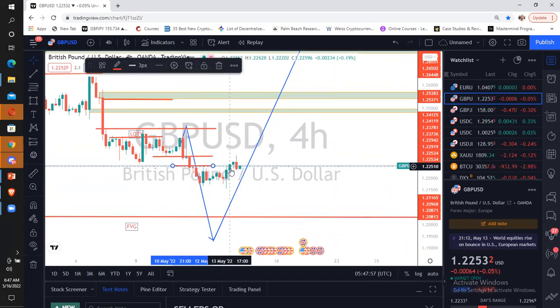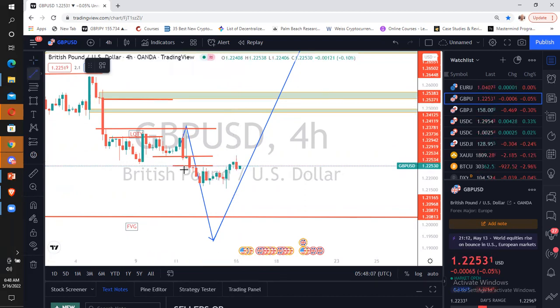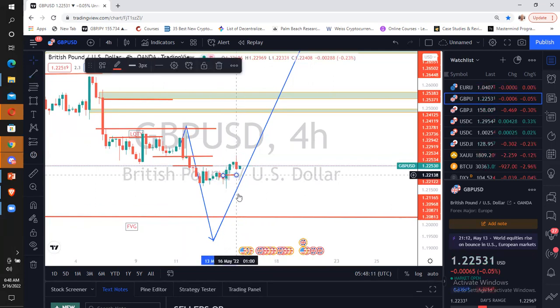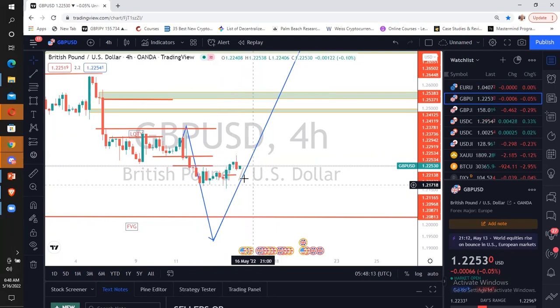Yes, there's a small gap. You can mark that gap, please. And that gap also coincides with an order block, because beside it is the last bearish candle before the bullish move started.